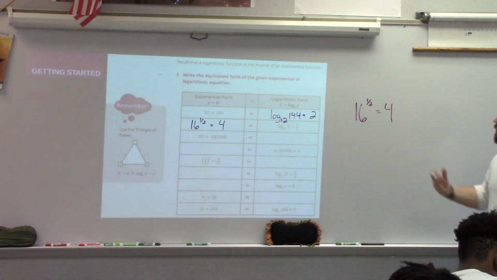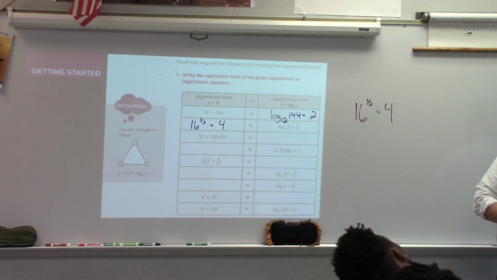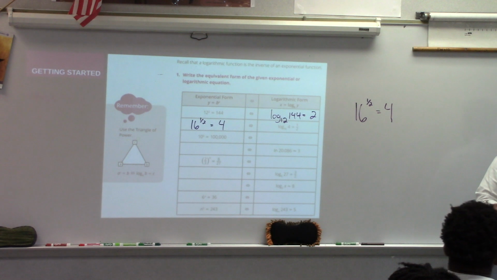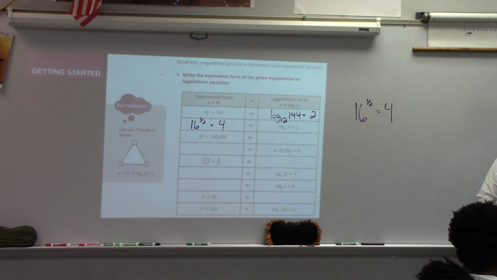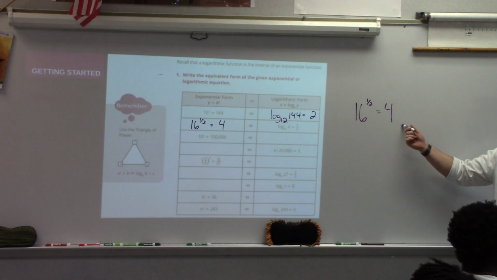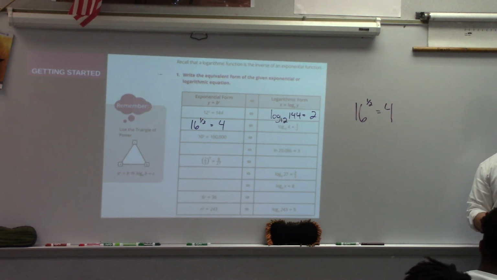Is there any other operation that I could have done to 16 to get a 4? Divide by what? Not divide by 2. Divide by 4, or what else? There's one other operation. Squaring 4 gives me 16, so what's the inverse operation of that?